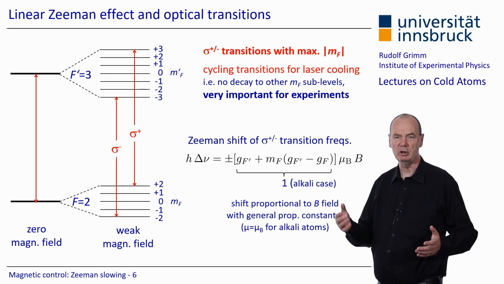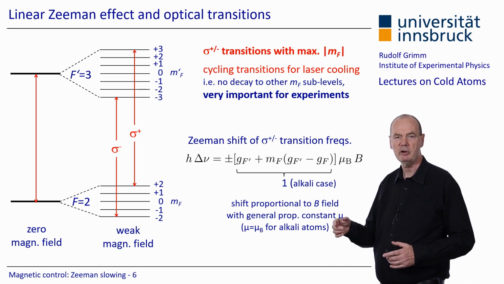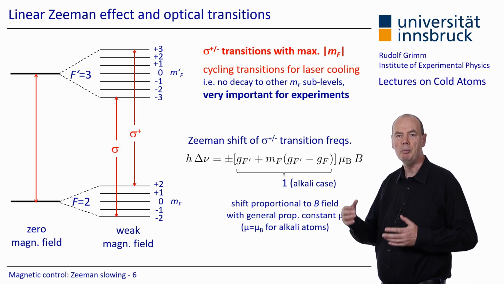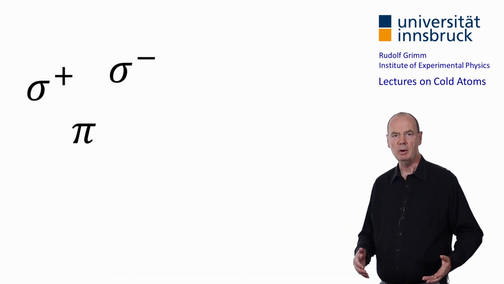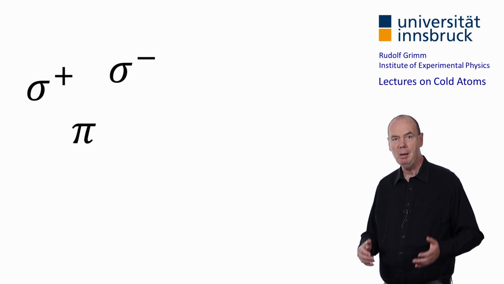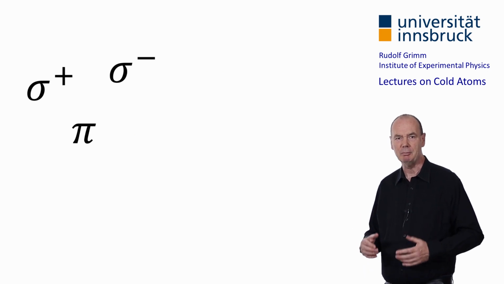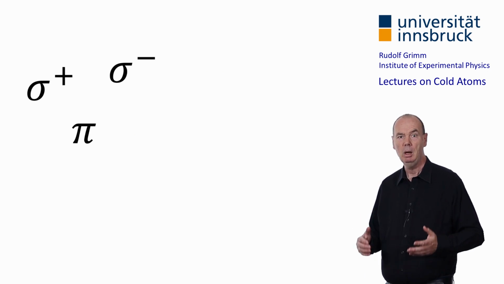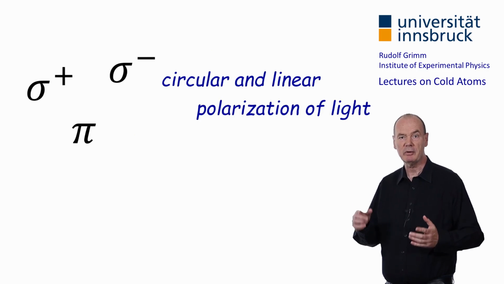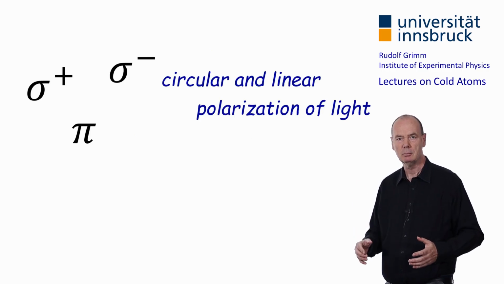But for the sake of generality in the following considerations, I will simply call it mu. Good, we have discussed sigma plus, sigma minus and pi transitions. But what is the property of light that makes the difference? Yes, of course, it's the polarization that makes the difference.